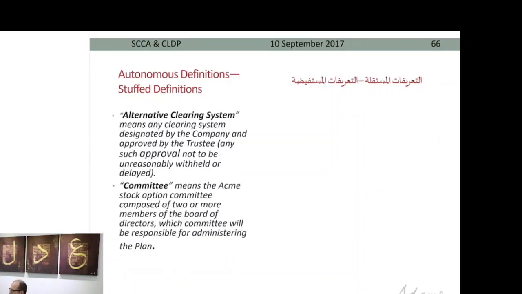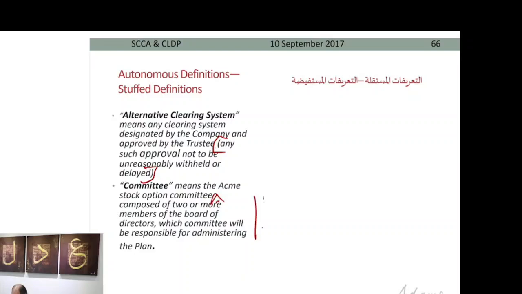Don't stuff your autonomous definitions. Don't use them as a convenient place to put stuff. So alternative clearing system means this. Don't stick in that parenthetical language just because it's a convenient place to put it. It complicates things. And committee means the Acme Stock Option Committee, period.